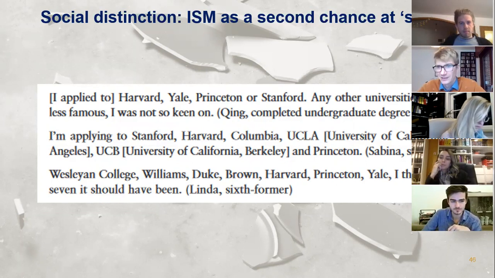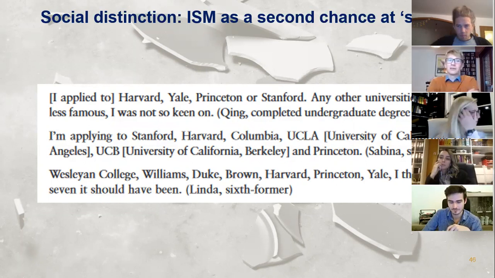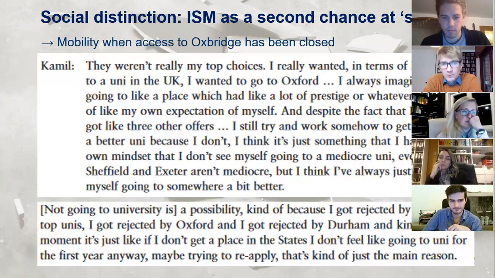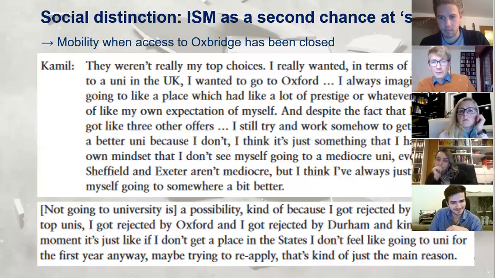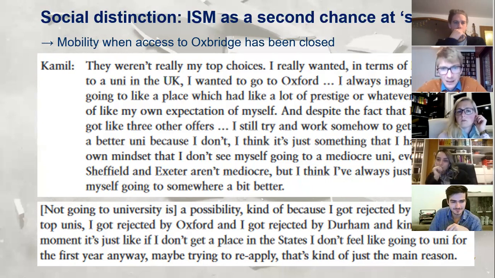But then, of course, what happens when this gets closed, right? And so here you have two other quotes that really illustrate that when access to Oxbridge has been closed, mobility abroad becomes one of the possibilities. And it's not only this Camille or the other respondent that is indicating this.